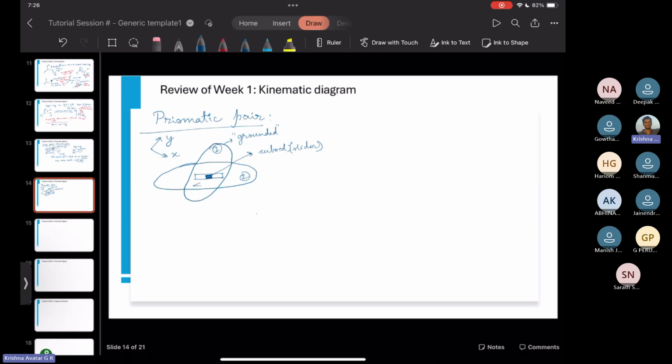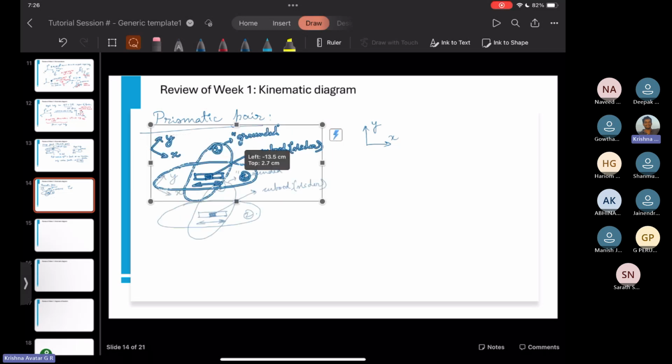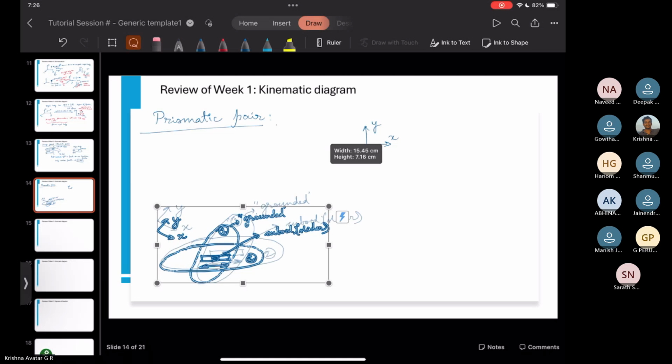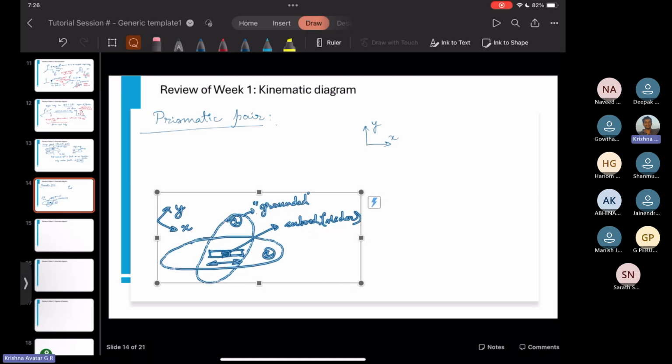It can move to and fro in this direction. Can it be rotated? No.